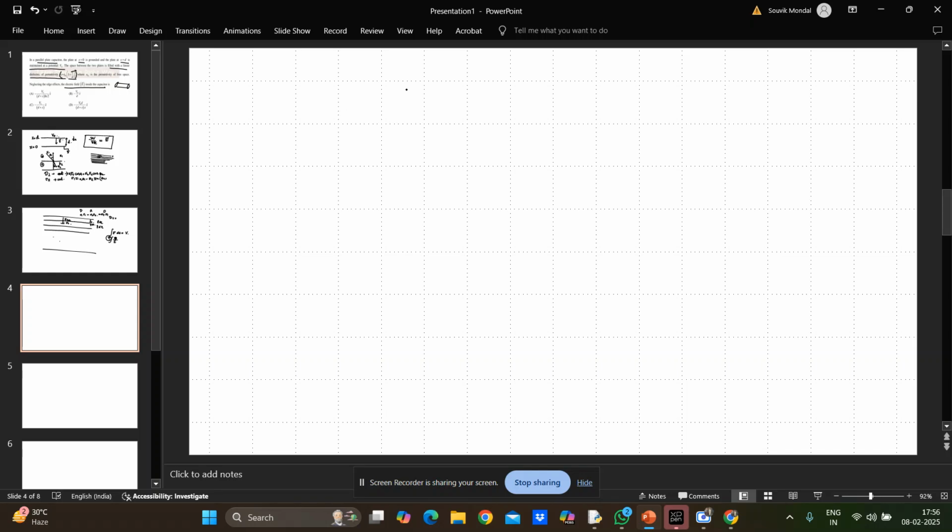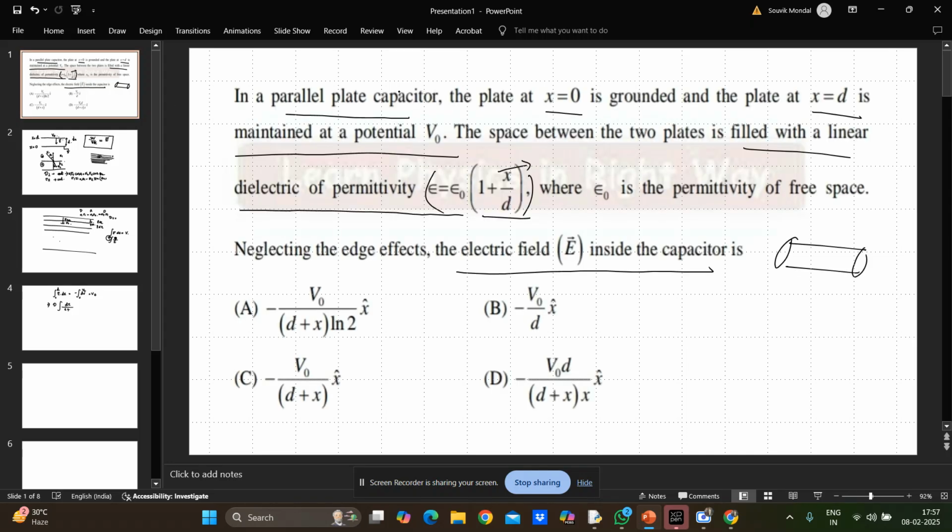So now let's try to do it. Integral of E dot dx, from 0 to d, is equal to delta V, and from 0 to V naught it is simply V naught, with a minus sign. Now pull D outside of the integral, dx divided by epsilon, and what is epsilon?